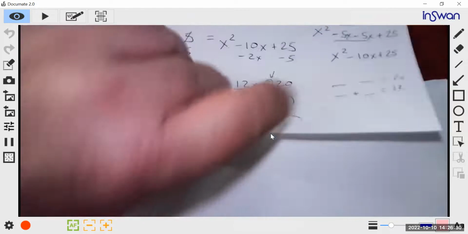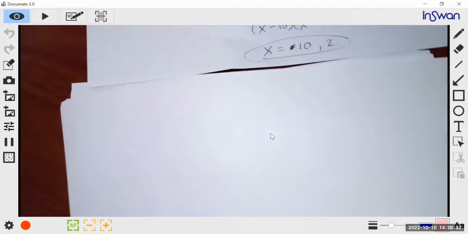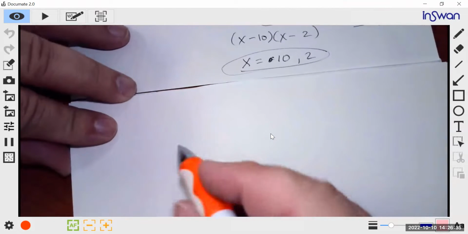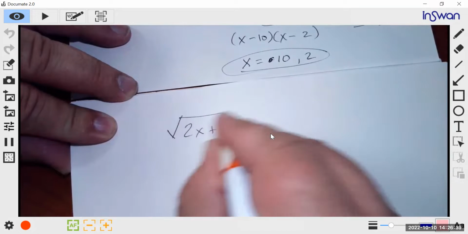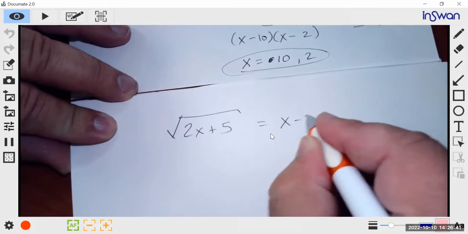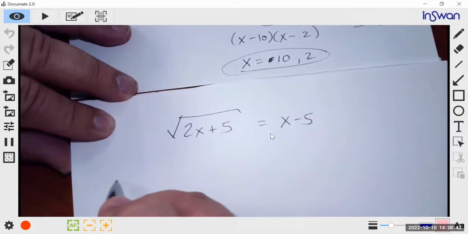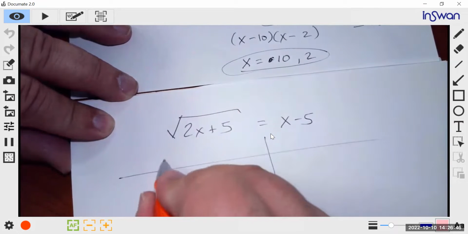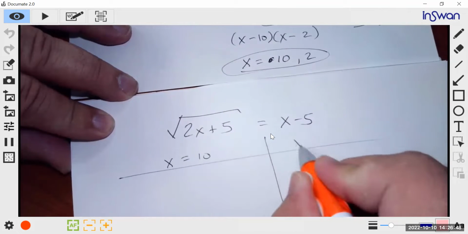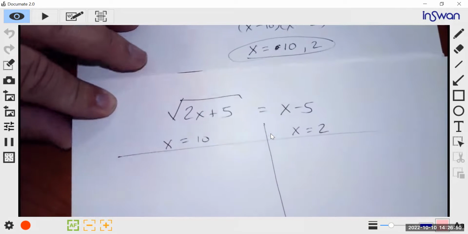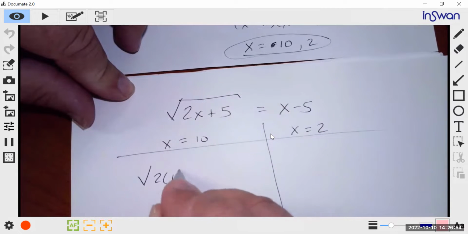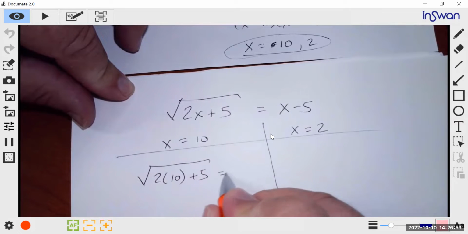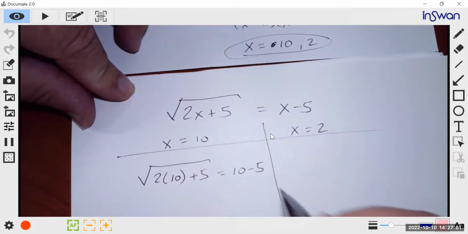Because if we check those answers, what are you going to find out? Right. So we have two possible answers. x equals 10 and x equals 2. 2 times 10 plus 5 equals 10 minus 5.